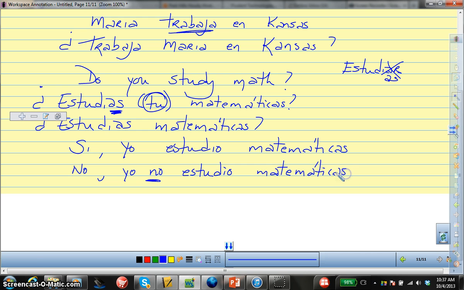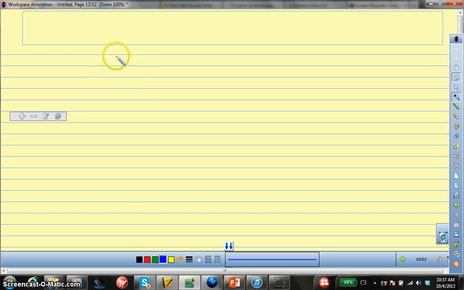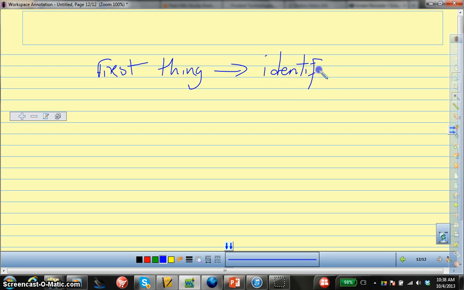Okay, so some of the things that you always have to keep in mind, when you are writing sentences and you have to put your verbs in the right conjugation, always the first thing is look at your subject, you have to identify your subject, right, and then just conjugate the verb according to your subject.